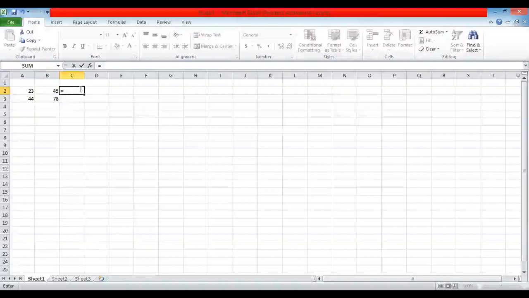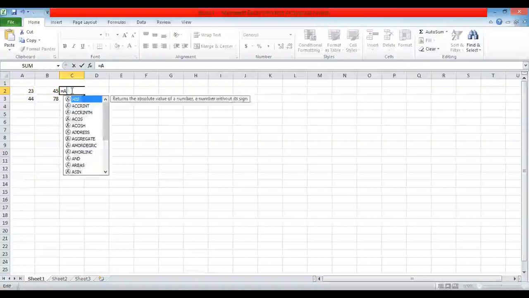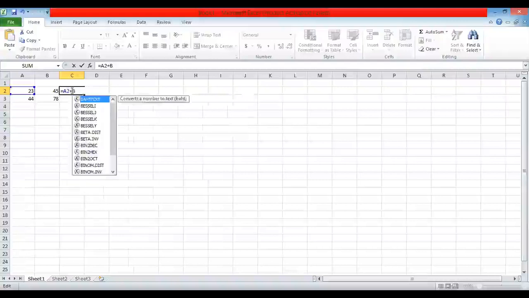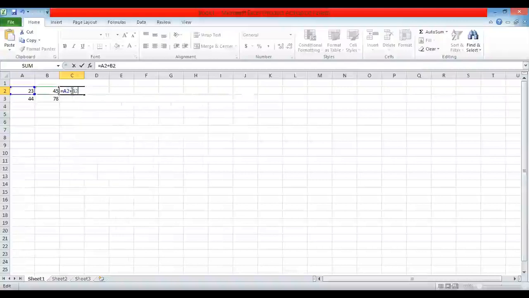If I copy this formula, this is A2 plus B2. You'll see that it is getting automatically this and that.